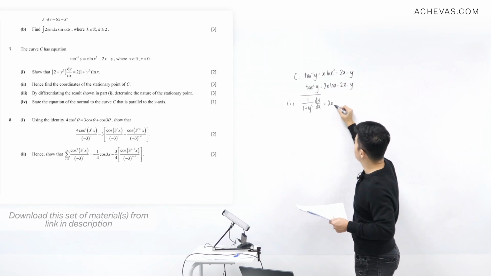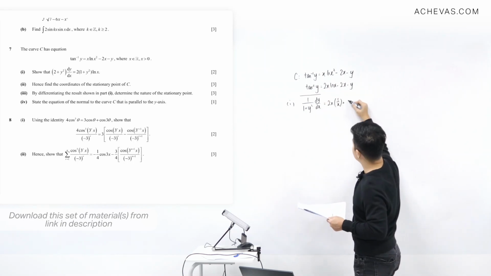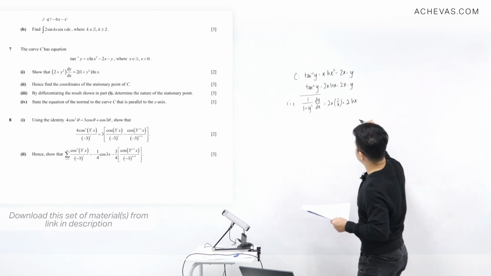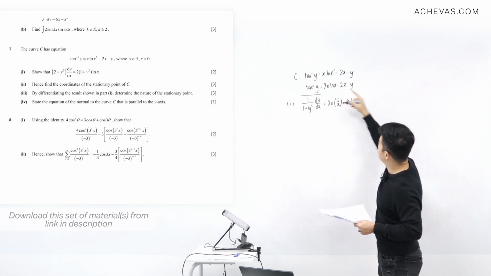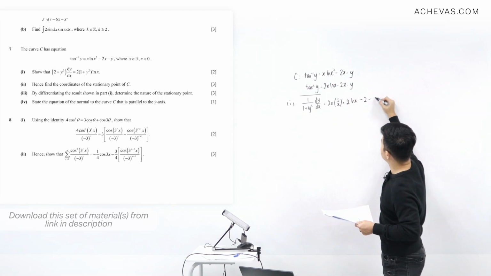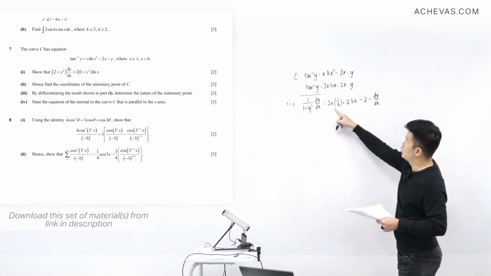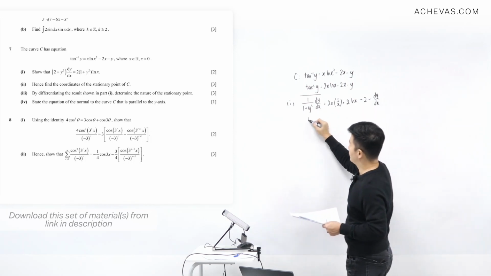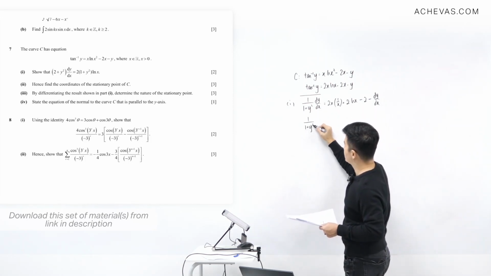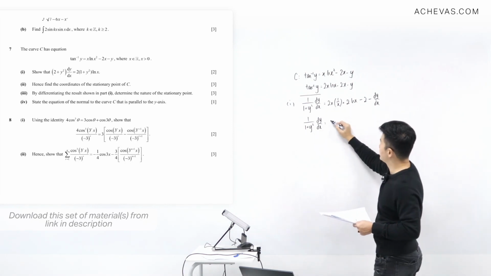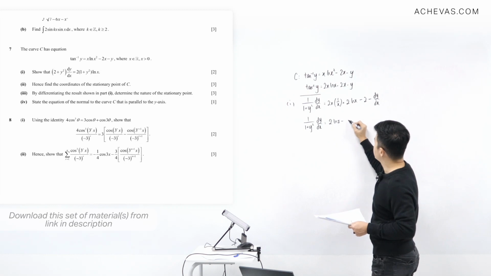So it's going to be 2x times 1 over x, plus differentiating 2x gives me a 2. Then the other expression is ln x, minus differentiating this is 2, differentiating this is minus dy/dx. So we have a 2 minus 2. Then we will have 1 over 1 plus y squared dy/dx. This will disappear, so this is equal to 2 ln x minus dy/dx.